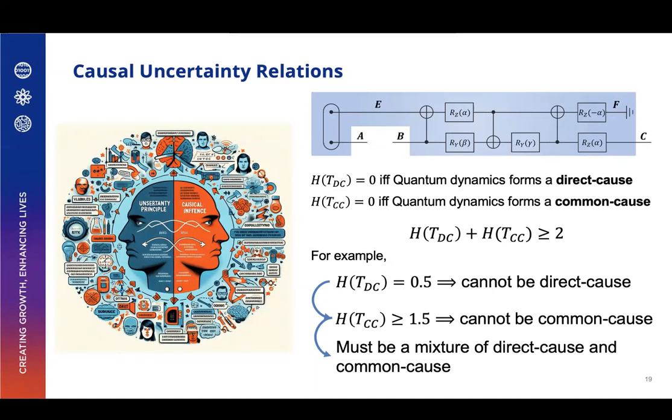If this is a pure map, that means the rank of the Choi operator is 1. Then from this uncertainty relation, we know the entropy of common cause is greater than 1.5. That means it cannot be common cause at the same time. So when we remove the possibility of being direct cause, it can also not be common cause, and the answer can only be a mixture of direct cause and common cause. That's why the causal uncertainty relation can be used to do causal inference.